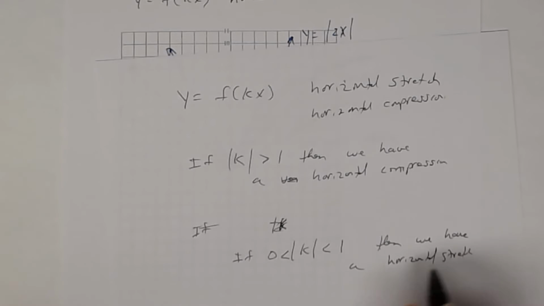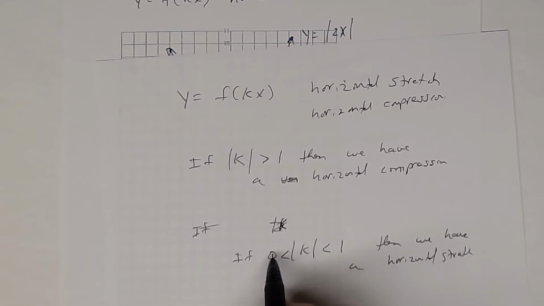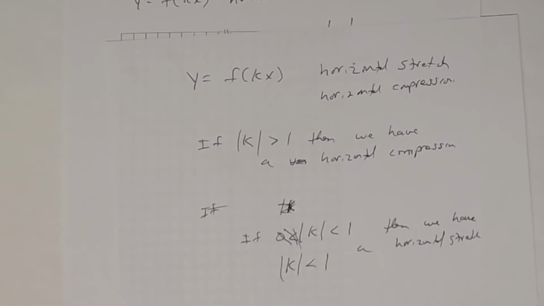And really, the absolute value of k is never negative, so I could just say if the absolute value of k is less than 1, then we have a horizontal stretch.